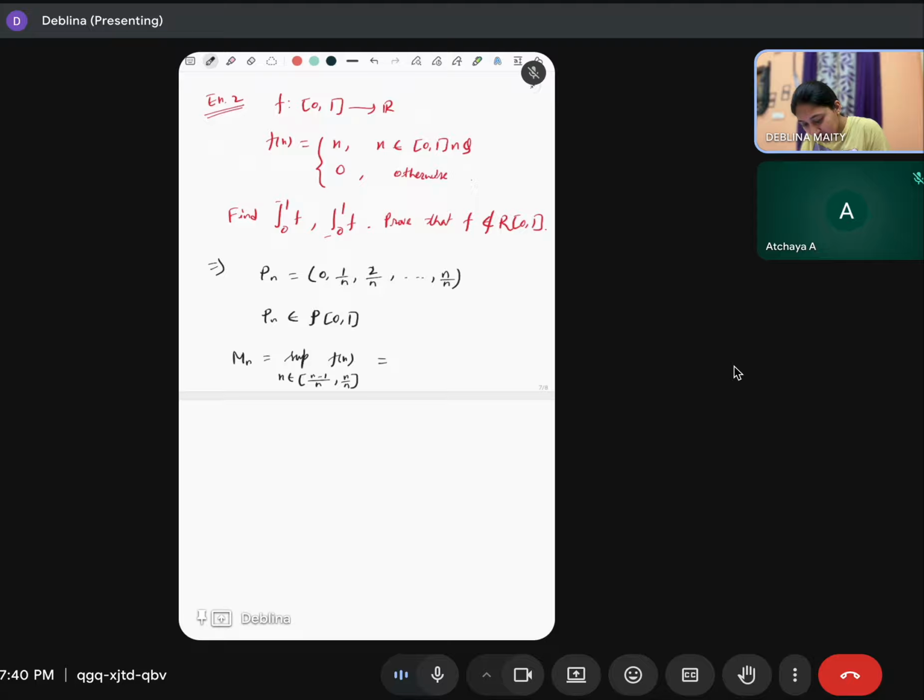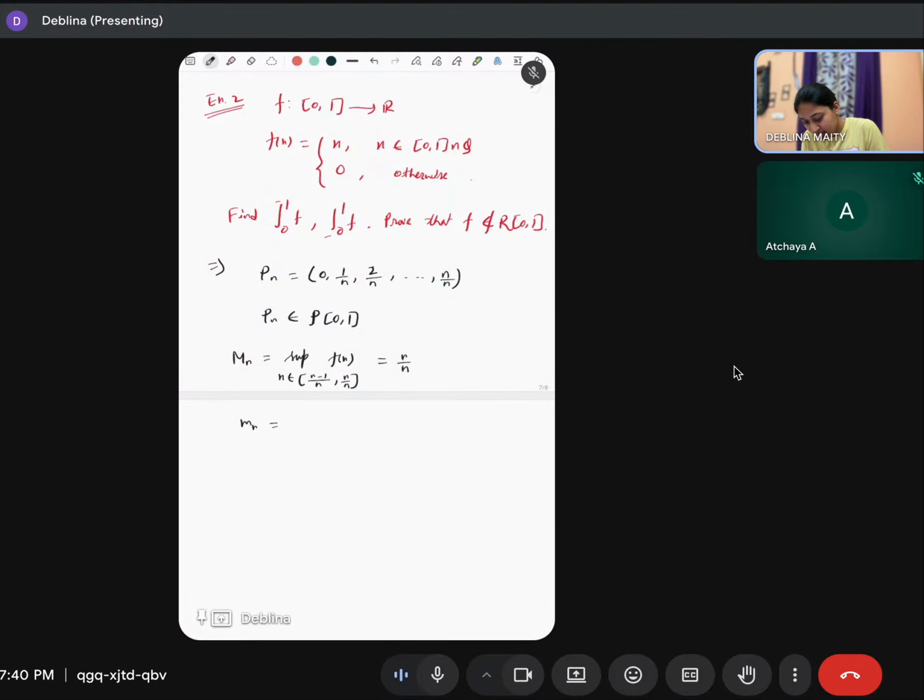So what is this number? f(x) is x when x is rational and 0 otherwise, right? So in this interval, the supremum value of f(x) will be what? The supremum will be r by n, right? Because only in the rationals they are giving non-zero terms, and r by n is rational, so at r by n it will be the maximum value, which is r by n.